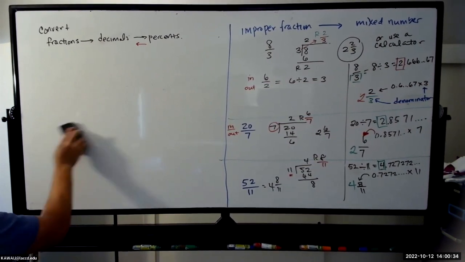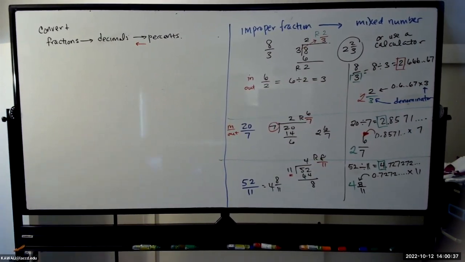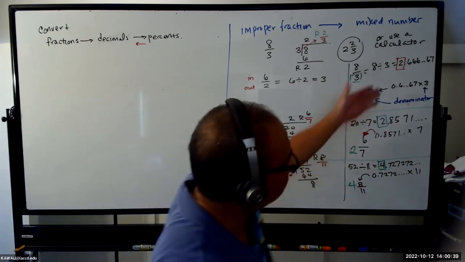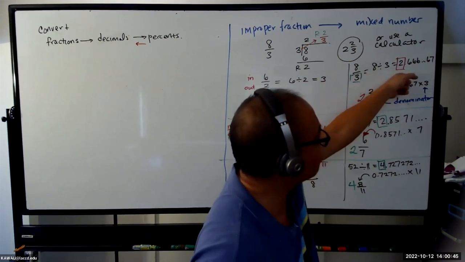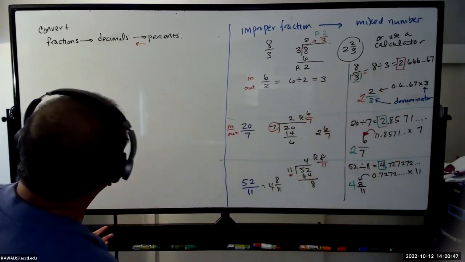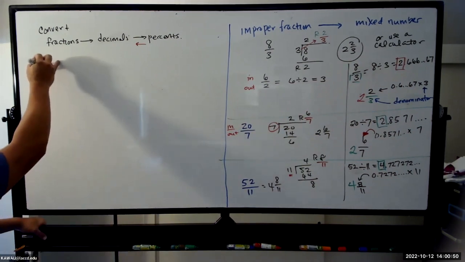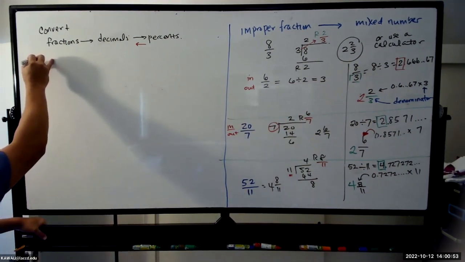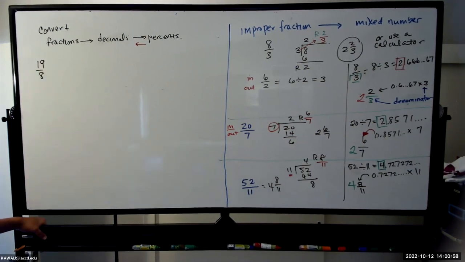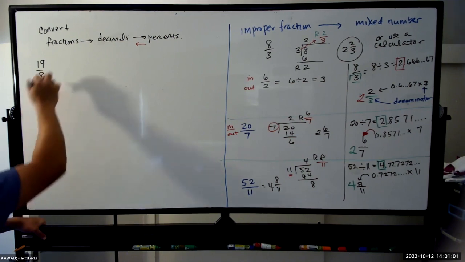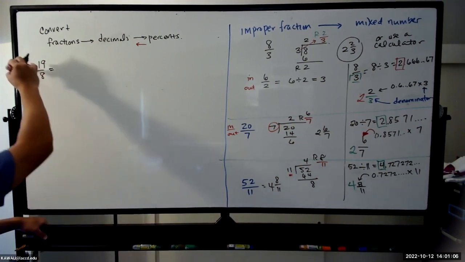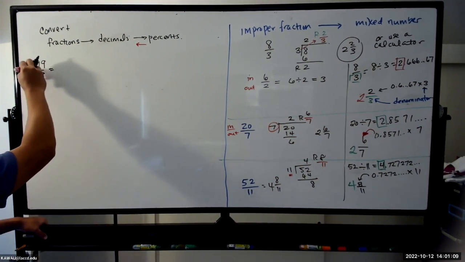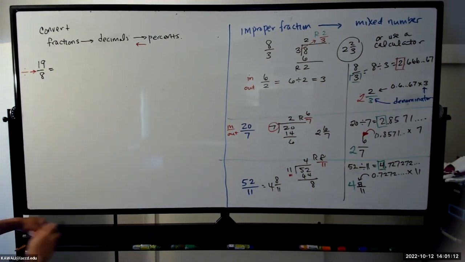Let's first talk about converting fractions to decimals. And frankly, we've already done it over here. I have 8 divided by 3, and I went from a fraction to a decimal. All you're doing is a division. So if I want to go from fraction to decimal, let's say 19/8. Remember that the fraction bar means division.